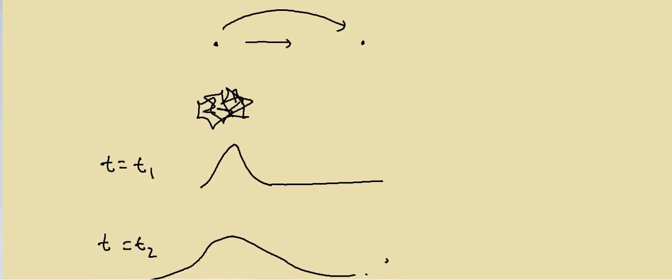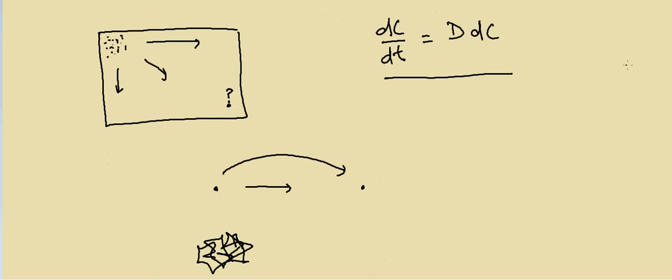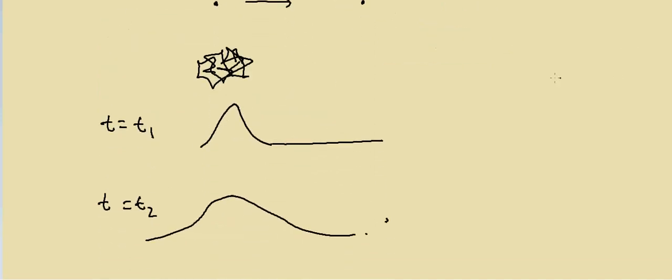To make it simpler, we have come up with this diffusion equation, which is basically the same thing. If you don't have any particle here, then particles have to reach here, and that will depend upon how fast the particles can move and how many particles are here in the first place.